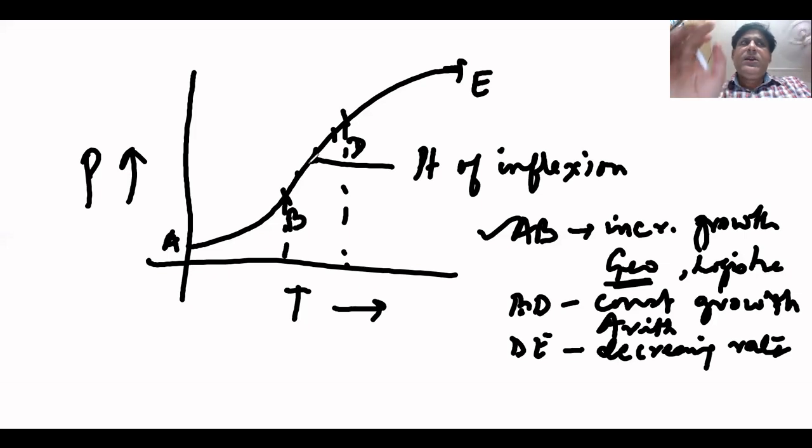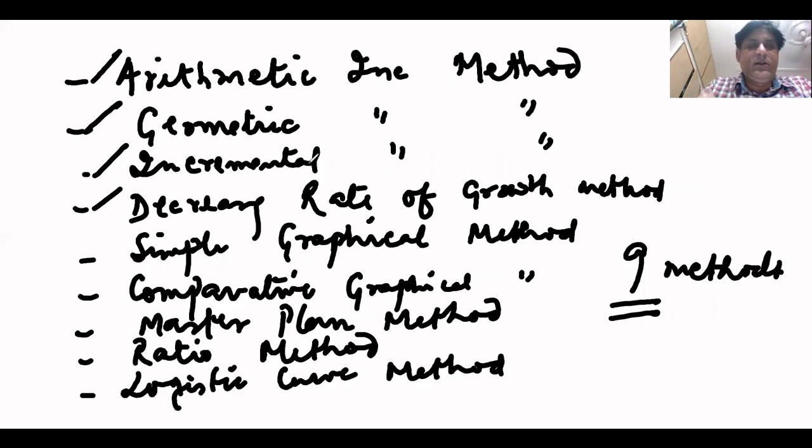So once again, the future population would be calculated based upon where the point lies on the population growth curve at a particular time, right? I hope the methods towards population forecasting, all these 9 methods, are clear.